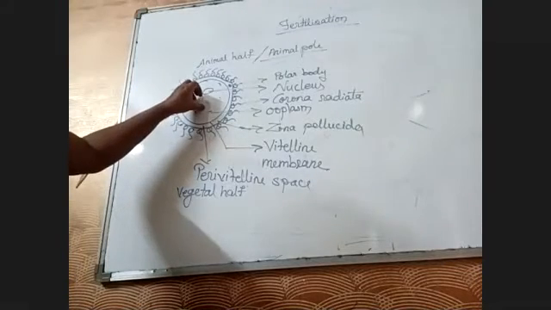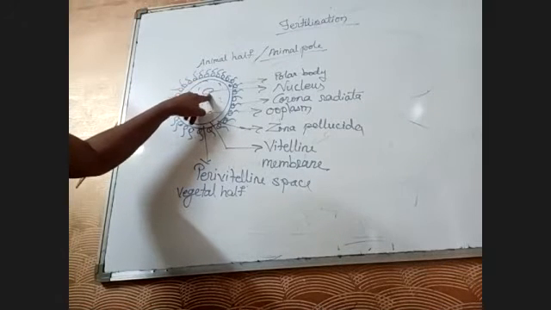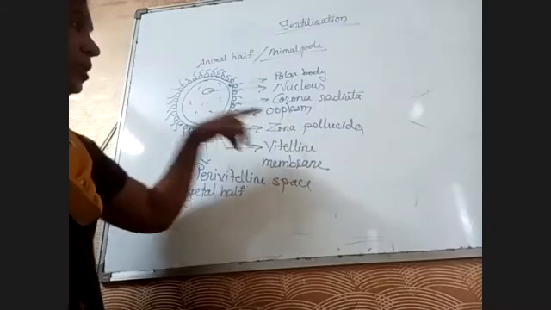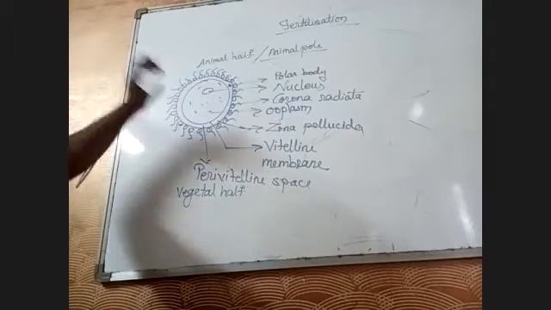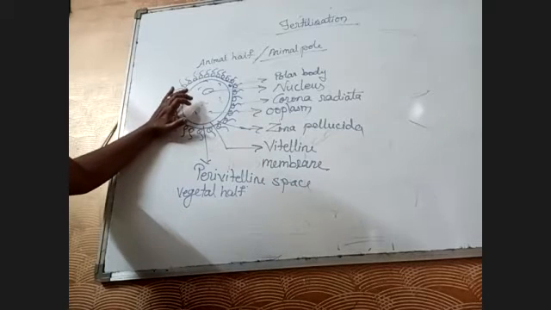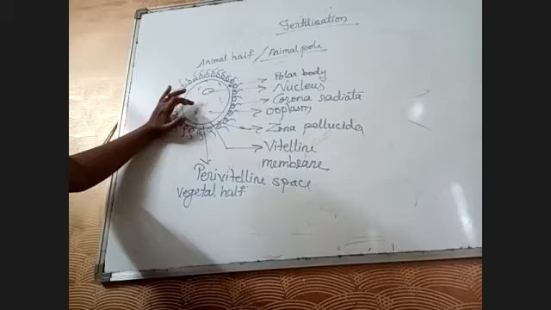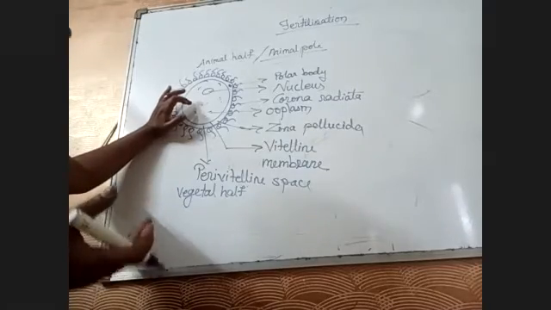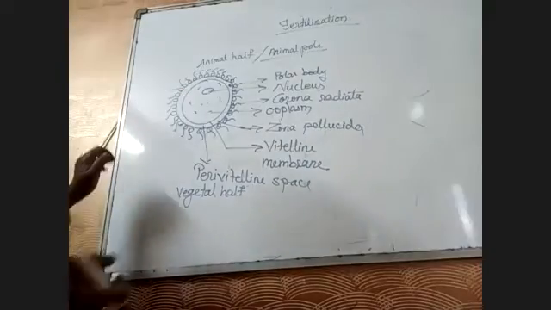The nucleus is eccentric in this ovum. The cytoplasm is called ooplasm. Here, this egg will not contain yolk like what we see in the egg of the hen.